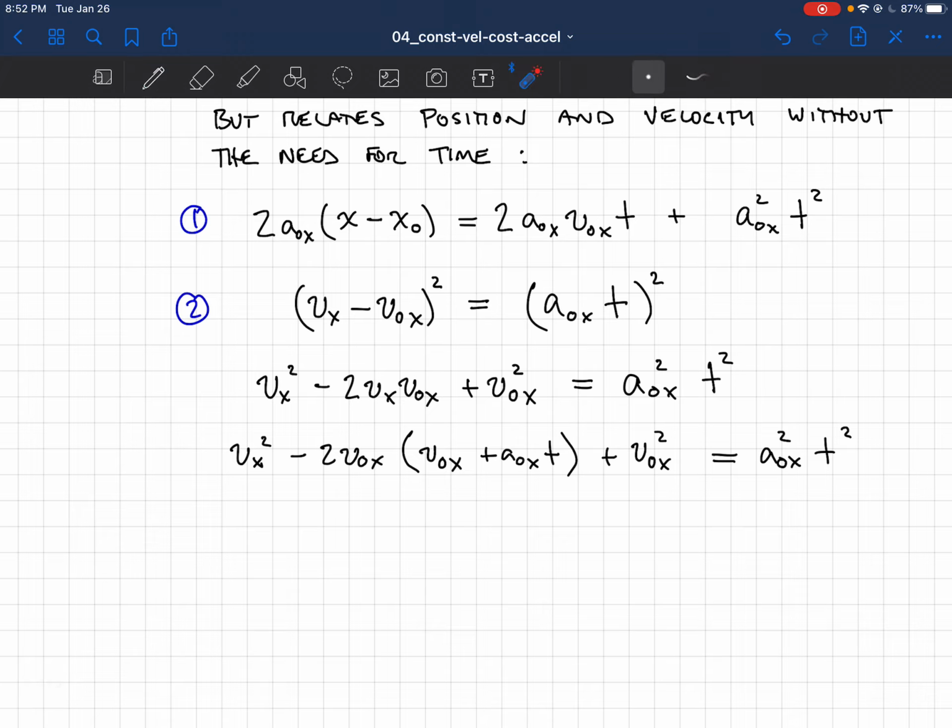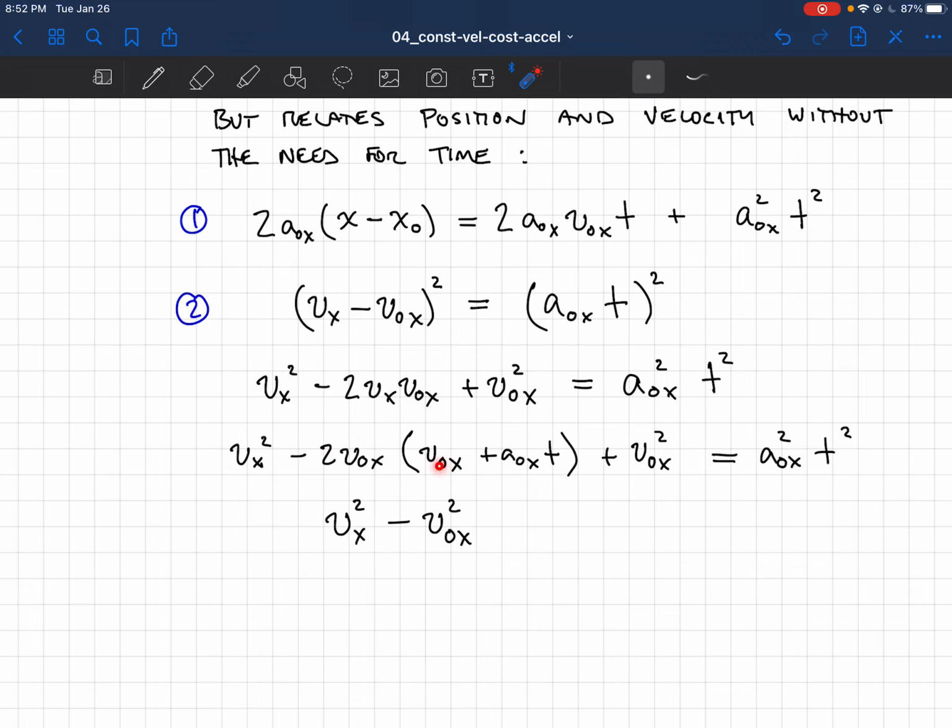And now let's see what we have. Well, I have 2 v0x squared with a minus sign, and I have v0x squared here. So I get vx squared minus v0x squared. I said v0x, I meant v0x squared.